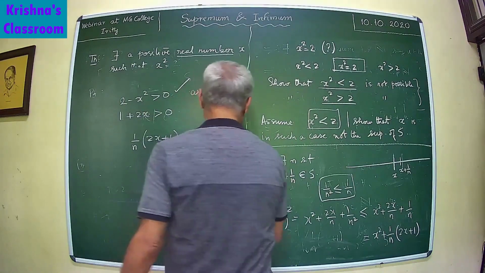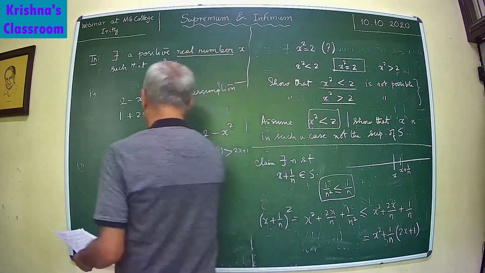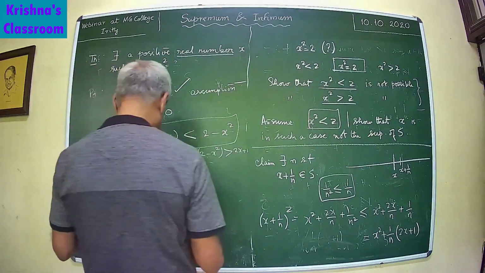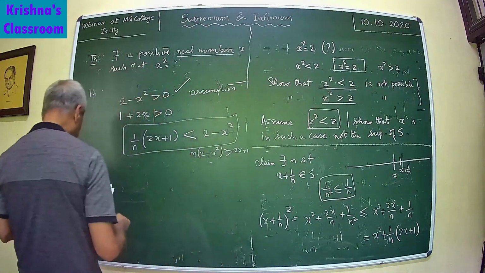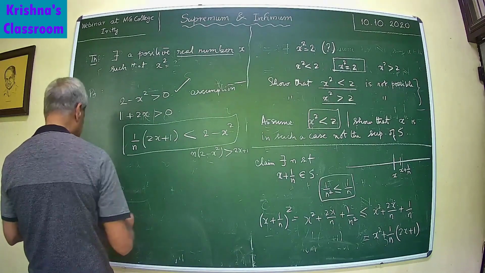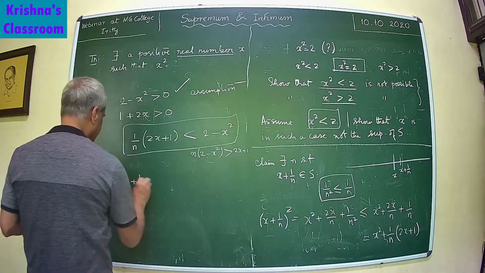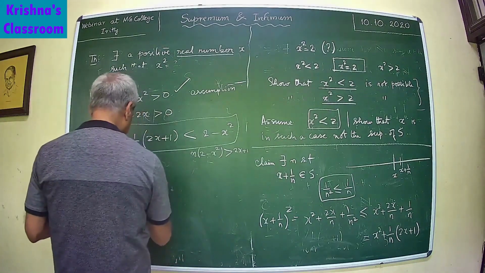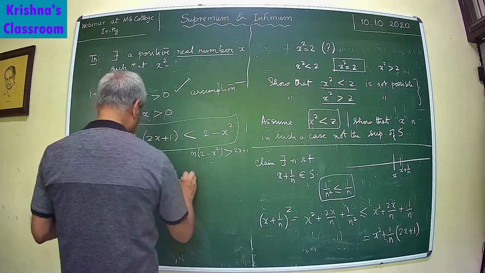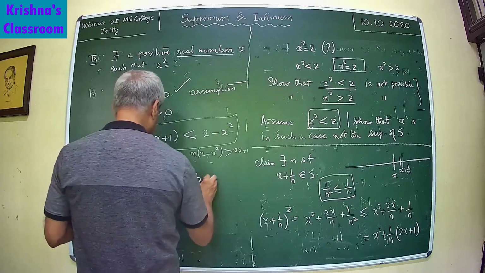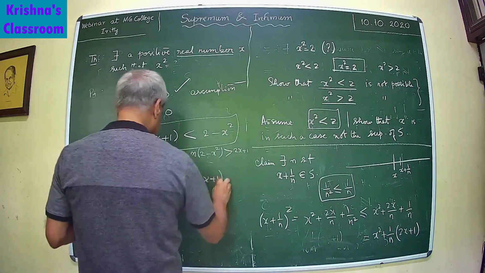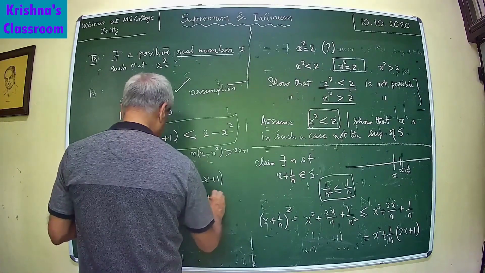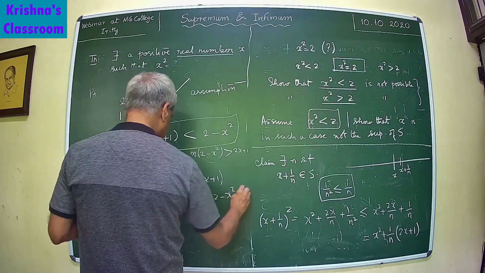This is positive, and from this you get this inequality. Therefore in that case, x plus 1 by n whole square is less than or equal to x square plus 1 by n into 2x plus 1, which is less than x square plus 2 minus x square, which is equal to 2.